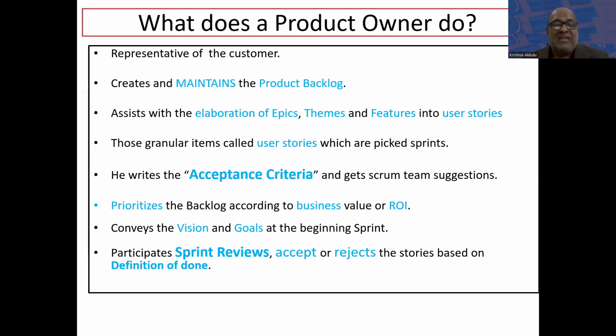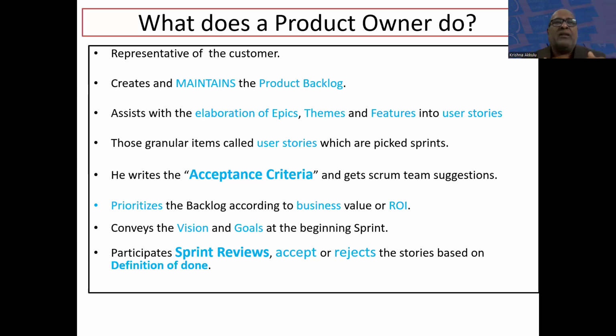As we already talked, the product owner is a part of the Scrum team, but he's sitting in the driver's seat and he's a representative of the customer. He maintains the product backlog, which in layman's language is a master database. In the product backlog, if an item is very huge, it's called an epic.